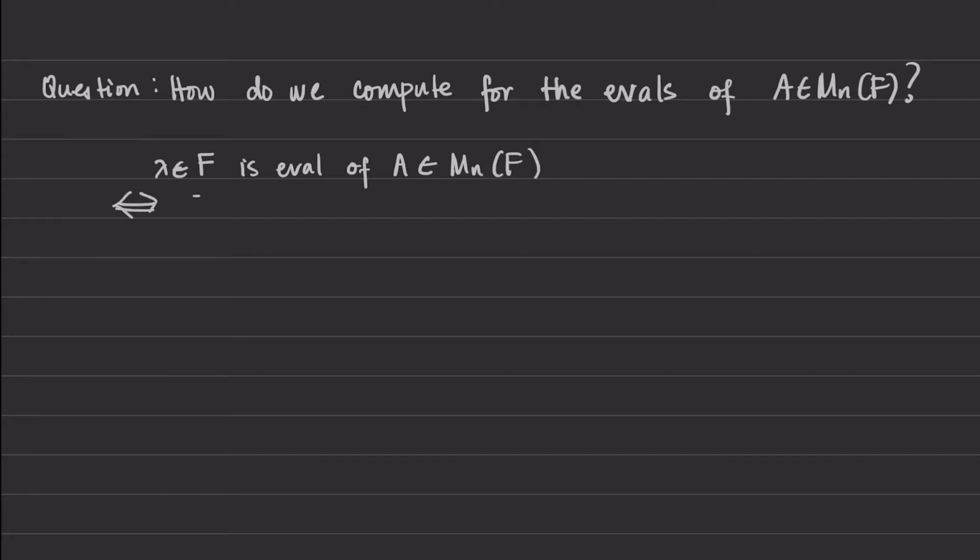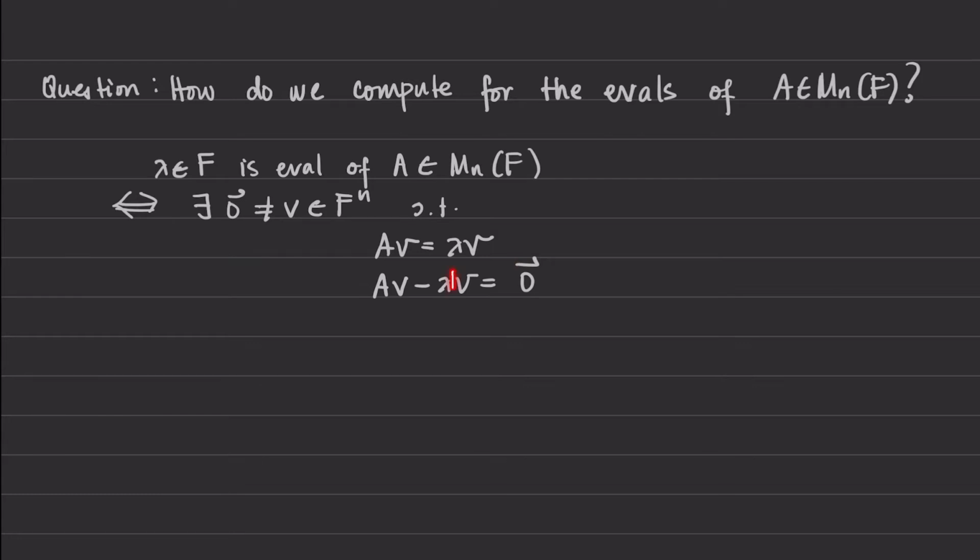If and only if there exists, yan yung ibig sabihin ng baliktad na E, a non-zero vector V in F^n such that AV is equal to lambda V. Pwede natin ilipat yung lambda V sa left side, tas yung right side magiging zero column siya. Yan yung notation natin for the zero column.